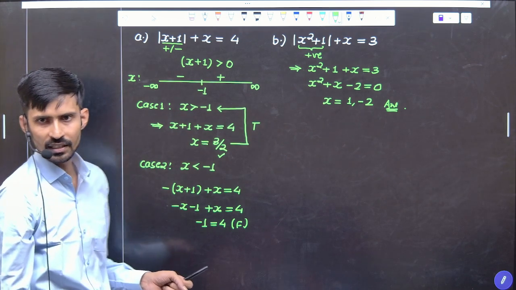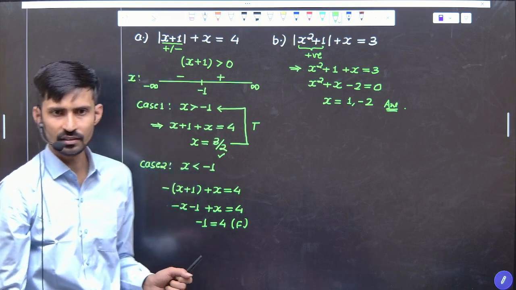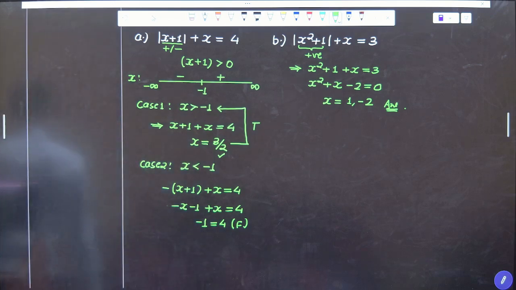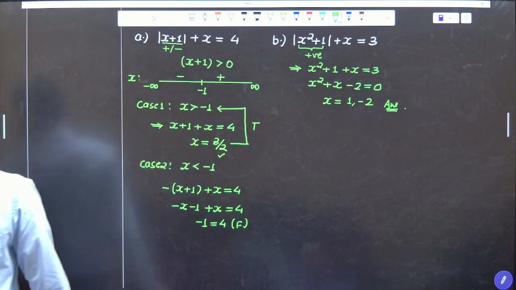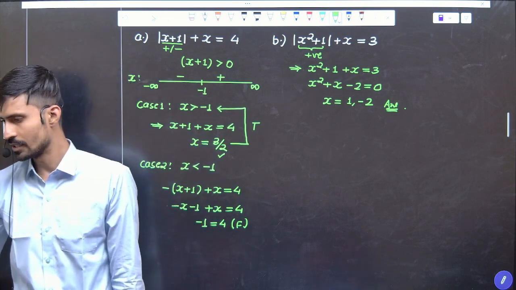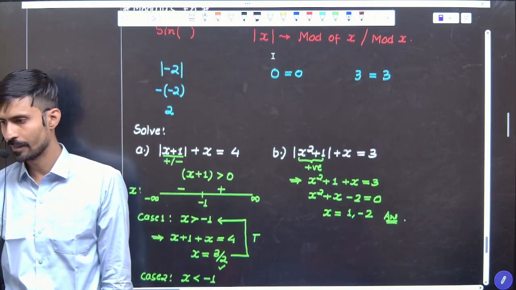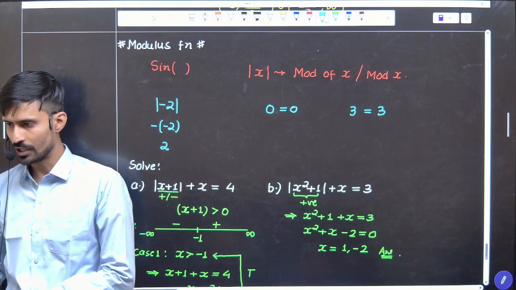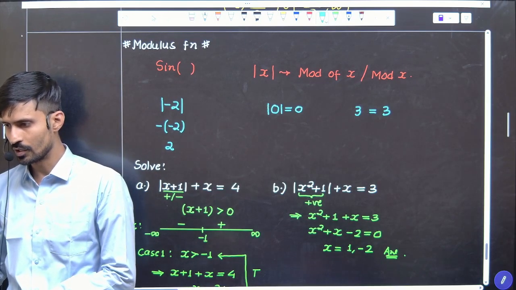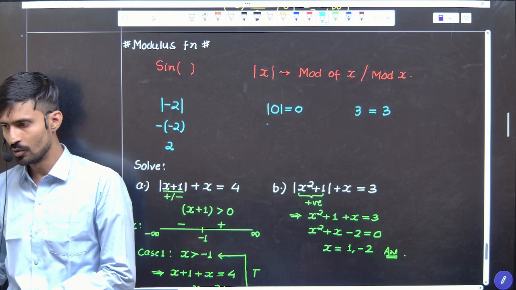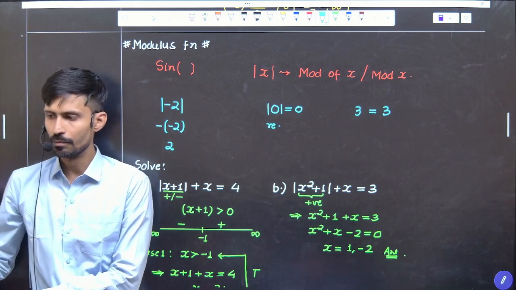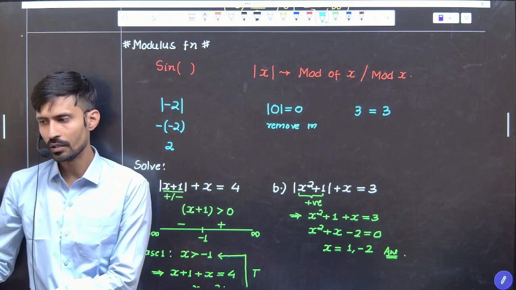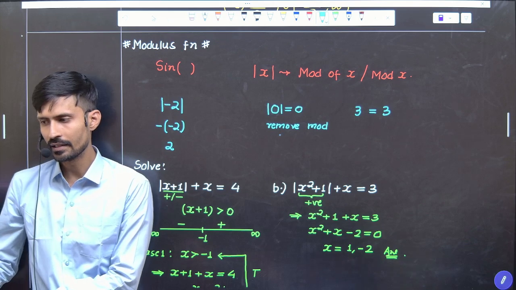Okay, are both questions clear? Write it down. After that, we'll solve the next question. So from where you have to write, here I will give you some more steps. Mod of 0 is equal to 0. So simply remove mod directly.